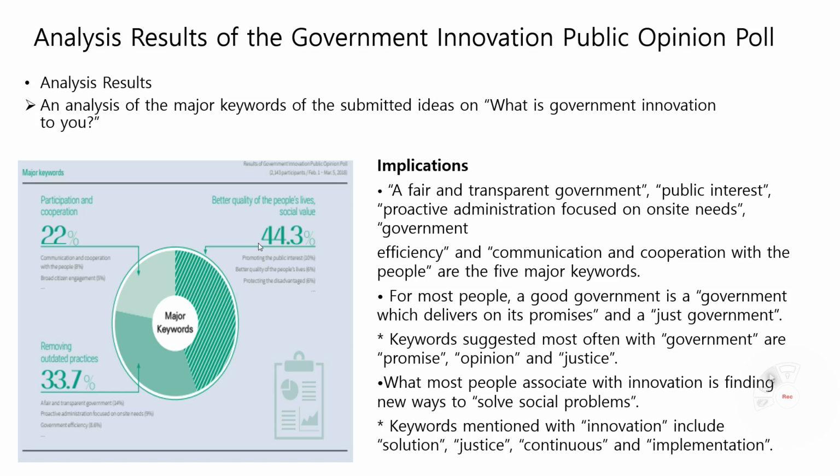It includes promoting the public interest 10%, better quality of people's rights 6%, protecting disadvantaged people 6%. And participation and cooperation includes communication and cooperation with the people and pro-citizen engagement.